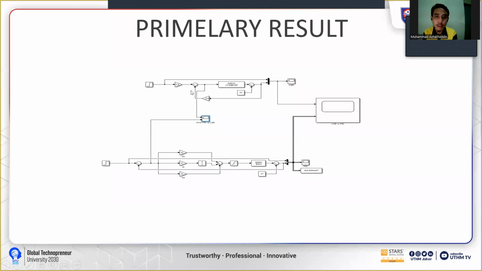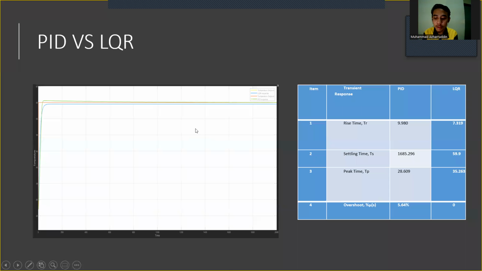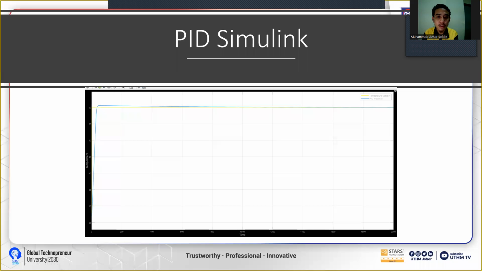Moving to the next part, this is the PID simulation for this circuit, simulated using Simulink, and then we get this graph.